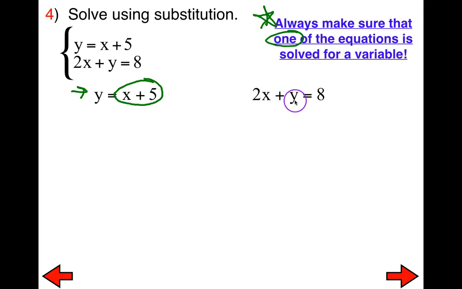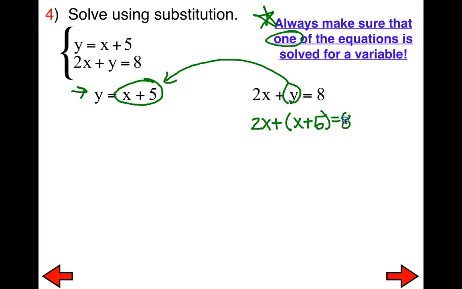So in this equation, I'm going to replace y with x plus 5. That leaves me with 2x plus, and when I'm substituting, you always want to use parentheses, x plus 5 equals 8. Now normally you want to distribute.